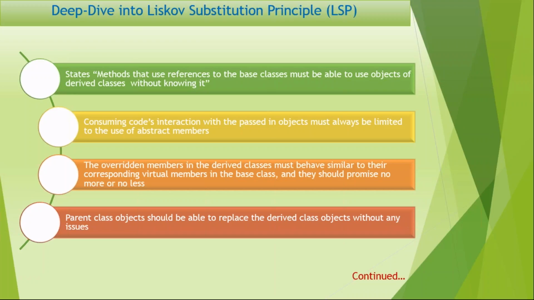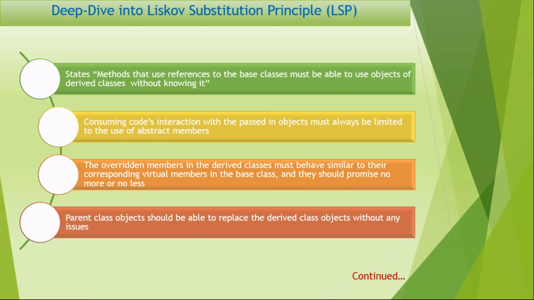In polymorphism, you have one base class which contains some virtual methods, and you have some child classes which implement those virtual methods of the base class. Okay, so that is the main idea for this fourth point.